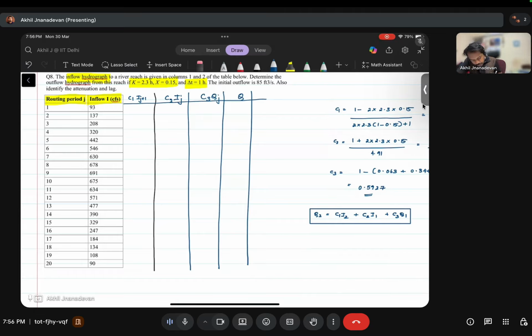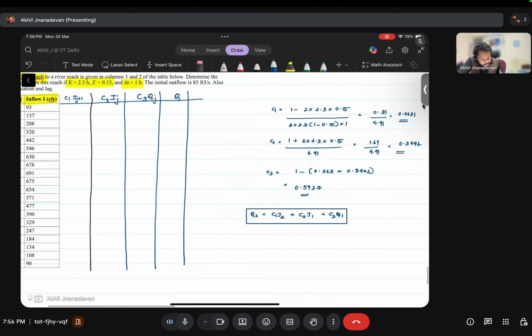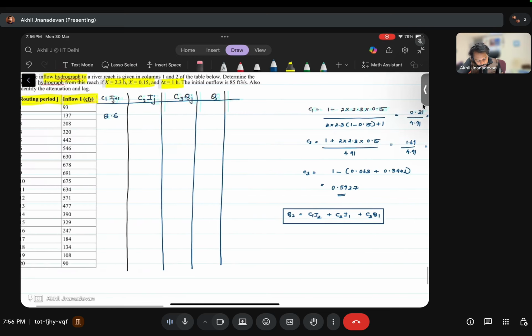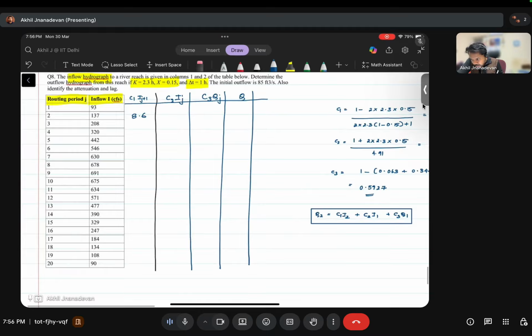So C1 Ij plus 1 means it will be in the j plus 1, so the next time step, that is 93, into C1. C1 is 0.0631. So 93 into 0.0631 will be equal to 8.6. And C2, we have 0.3442 into I 137, that is equal to 32.